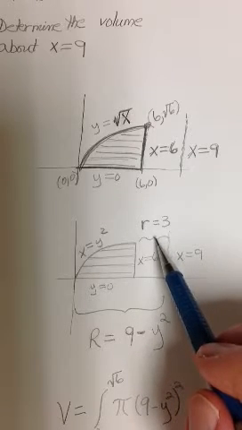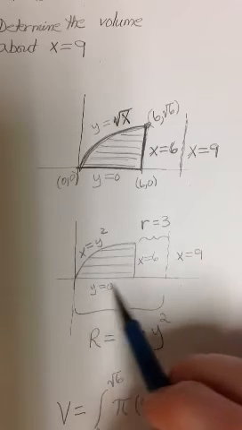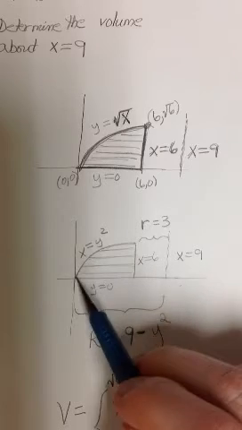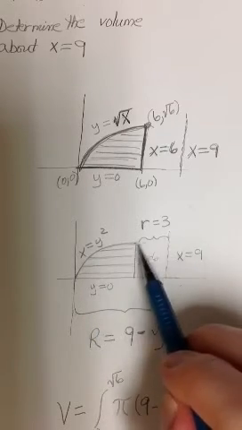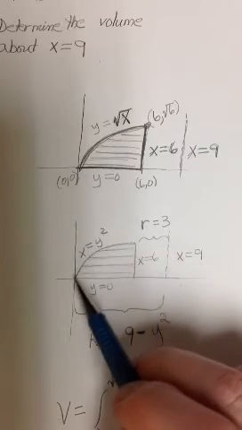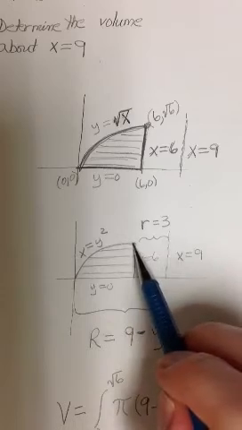As for the outside radius, notice that at the base the radius will be equal to 9, but as you go up the curve x equal to y squared, the outer radius is going to decrease.